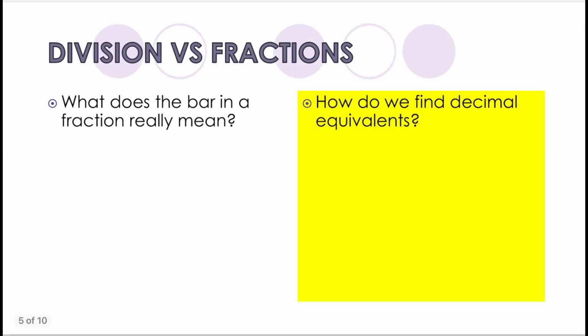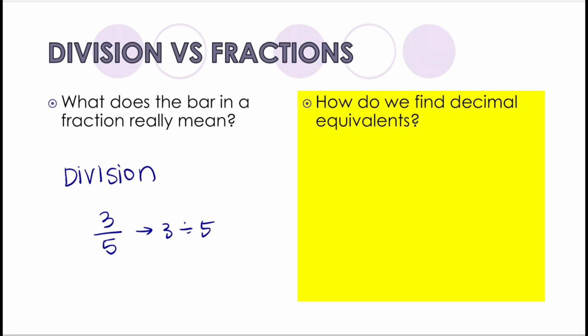So let's go over just a quick review of what the bar in a fraction really means. It means division. So if I have 3 over 5, this means 3 divided by 5, right?